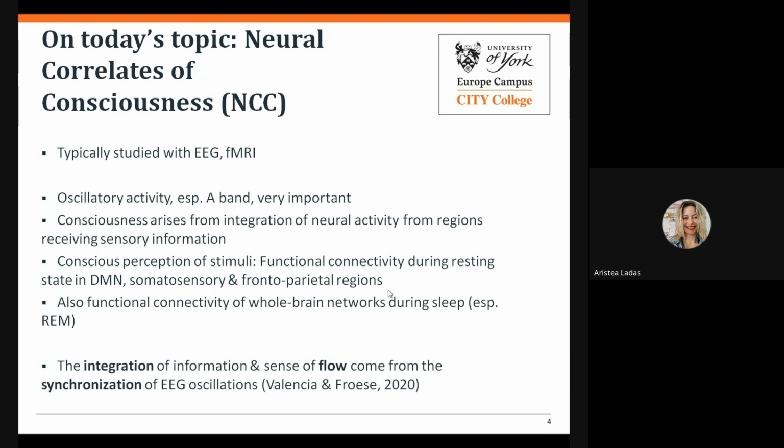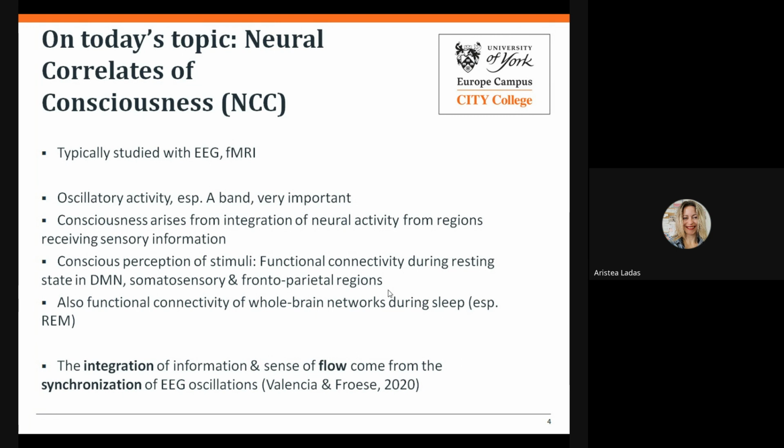When we say oscillatory activity, we mean the synchronized activation of neurons, which brings about that signal that you saw in Manos's presentation.